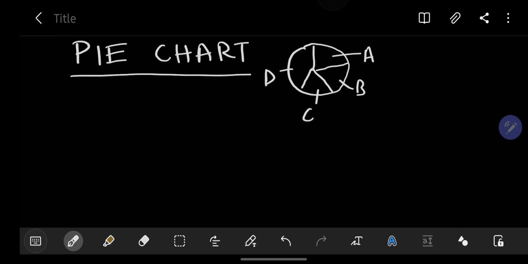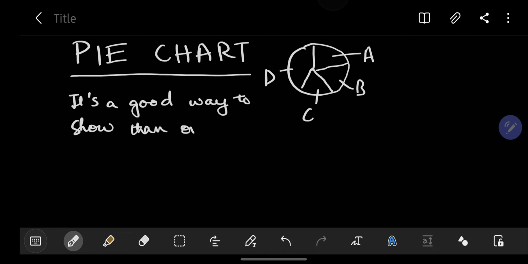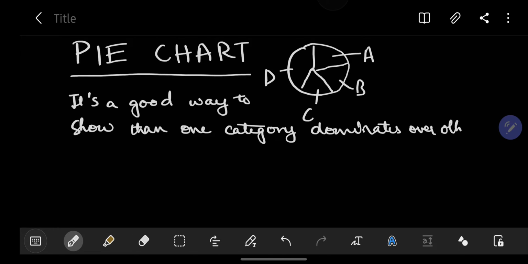Here's the thing. The advantage of a pie chart is that it's a good way to show that one category dominates over others.